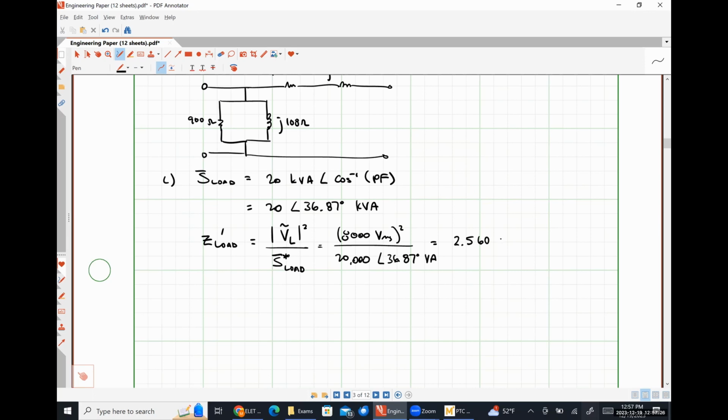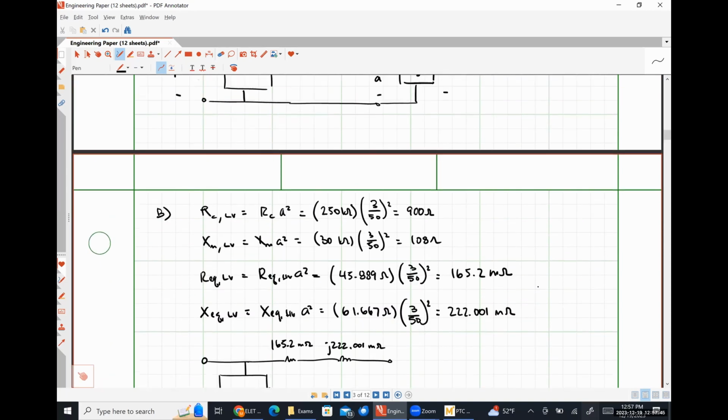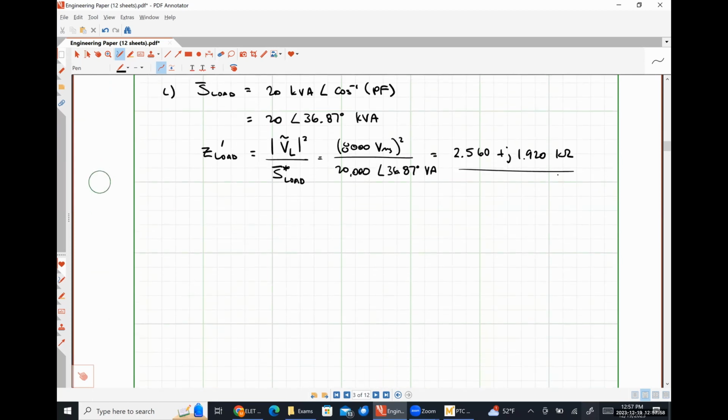2.560 plus J 1.920 kiloohms. So now that I know what that impedance is, I should be able to use voltage division to figure out what my voltage V1 is, right? So effectively what I am saying, here's my voltage V1.